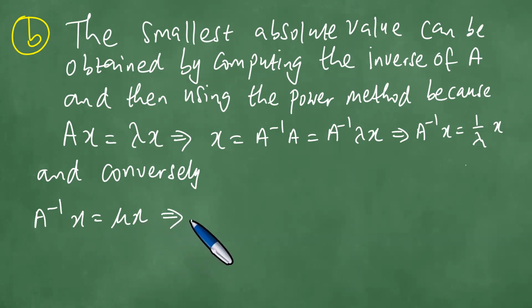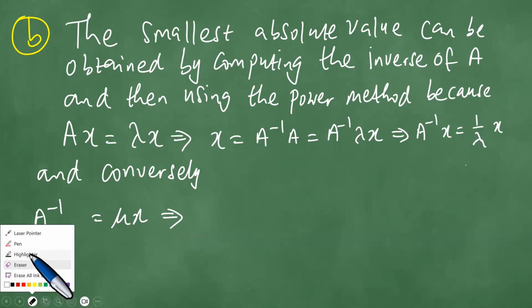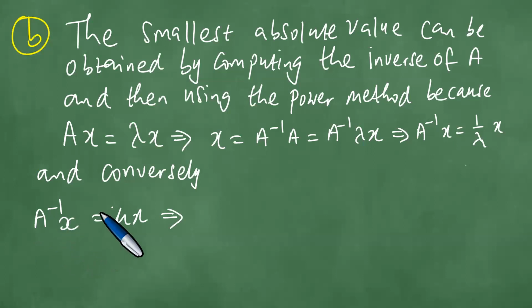this means that we can get x from this. So if we call 1 over lambda mu, so that we look at the whole thing in reverse, looking at the mathematical converse, this would mean we would write once again A inverse x equals mu x.